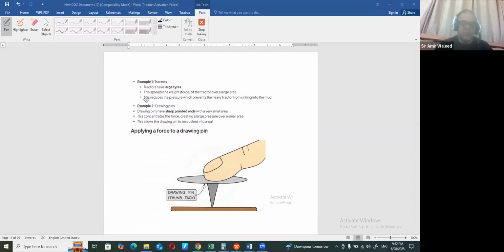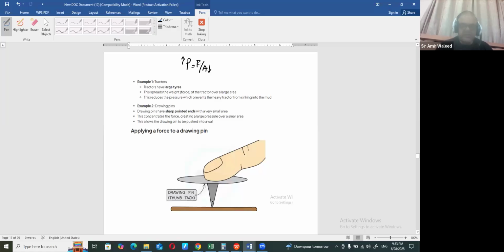If you check the formula, pressure is equal to force per unit area, so pressure is equal to F upon A. It means that if you want to increase the pressure, the area of contact should be as small as possible. A drawing pin has a sharp pointed edge with a very small area.